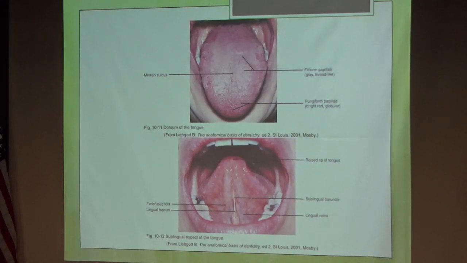If I'm talking about the cheek portion of the mouth, what is this term now? Buccal. If I'm talking about this portion of the mouth in the anterior, what is this referred to as? Facial, or you also heard the word labial today. So labial also means facial. Labial refers to lips. Okay, so those two terms are interchangeable.